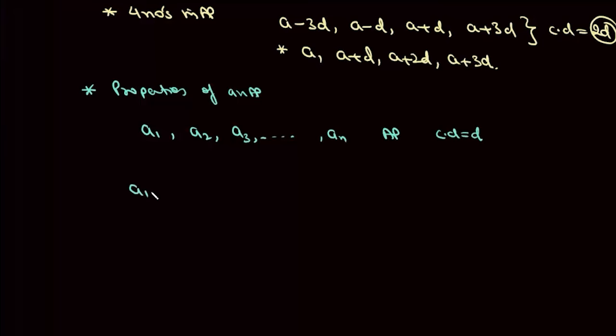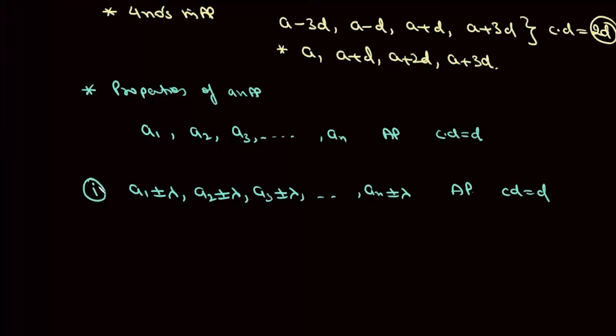So if we add or subtract some number to all the terms, it will also be an AP with the same common difference D. So this is your first result.